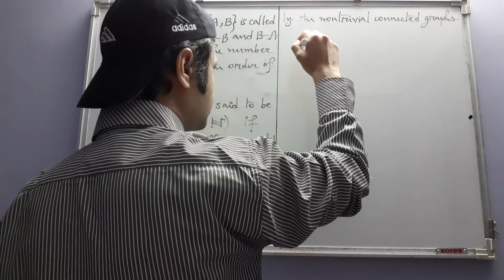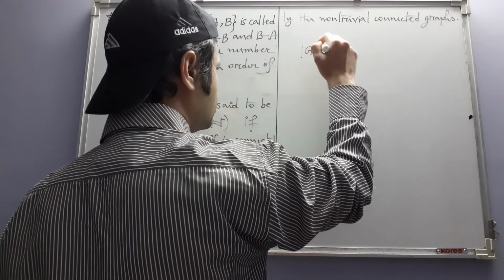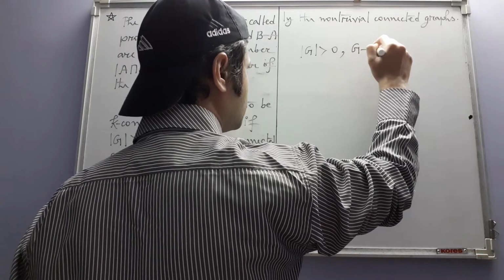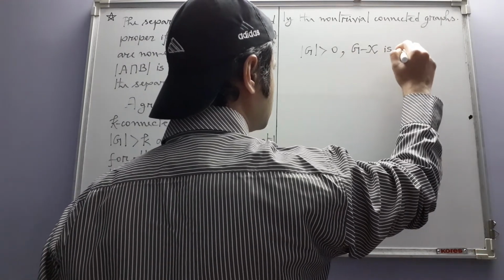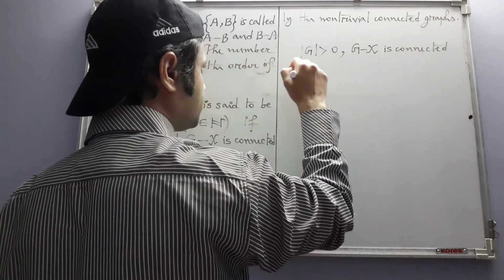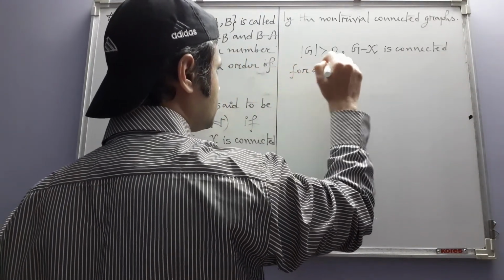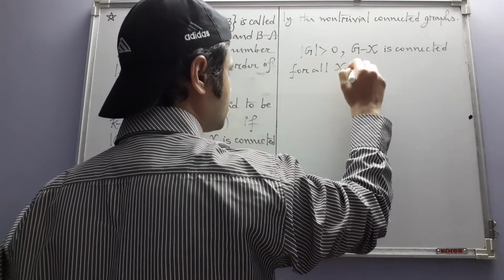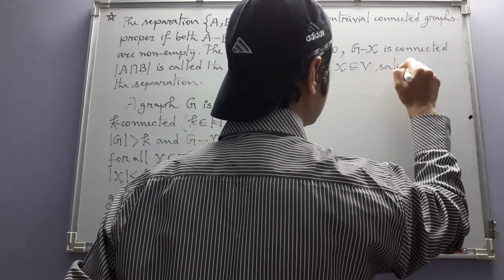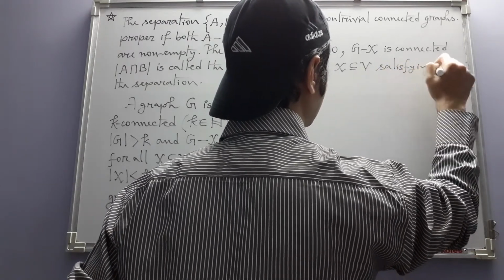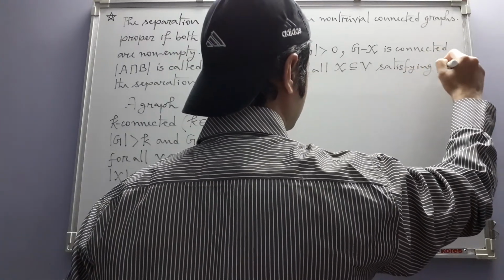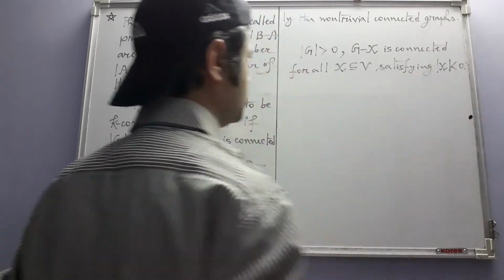So a zero connected graph G should satisfy these things, and G minus X is connected for all X satisfying this.